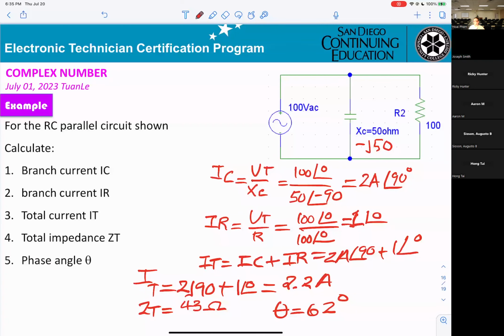Try to get the answer and work it out by yourself.